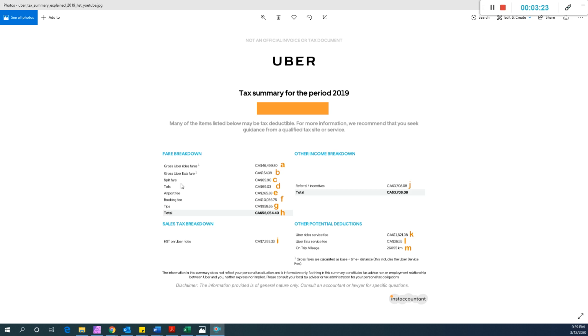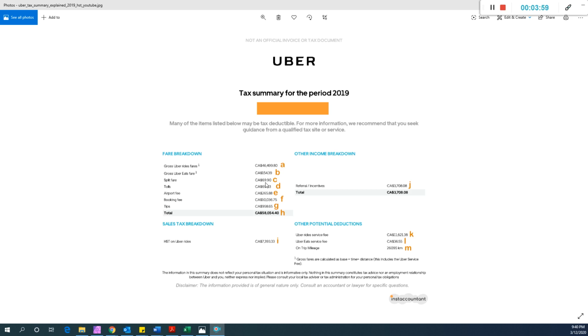The third amount is split fare. You can see over here, C, $69.90. You see a lot of those amounts especially with Uber XL clients, people who drive XL. On a weekend night, seven people rode your car and they wanted to share the fare between each other, so they would use the split fare functionality on their side of the app.